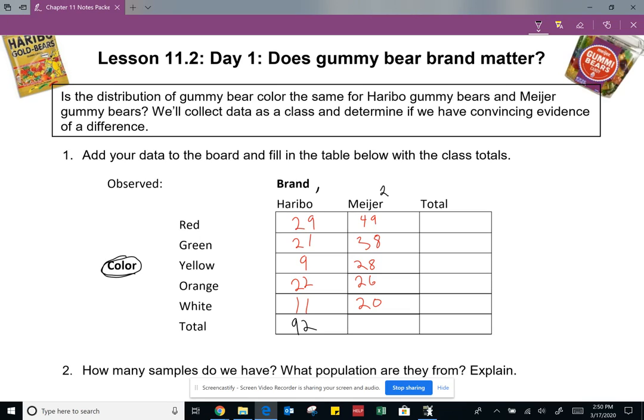And then for the Mahir brand, we have 49 that were red, 38 green, 28 yellow, 26 orange, and 20 white for a total of 161.